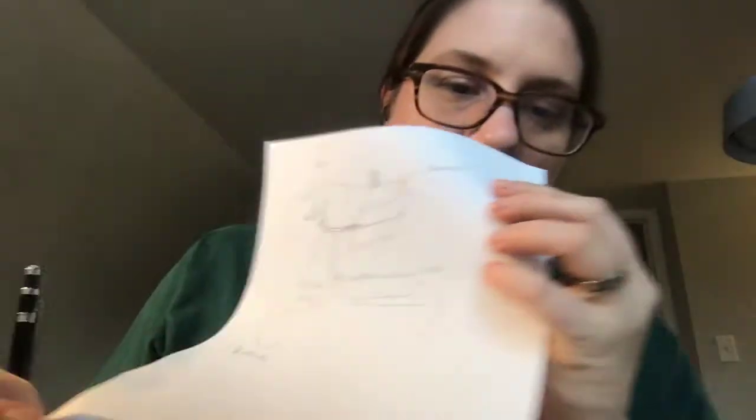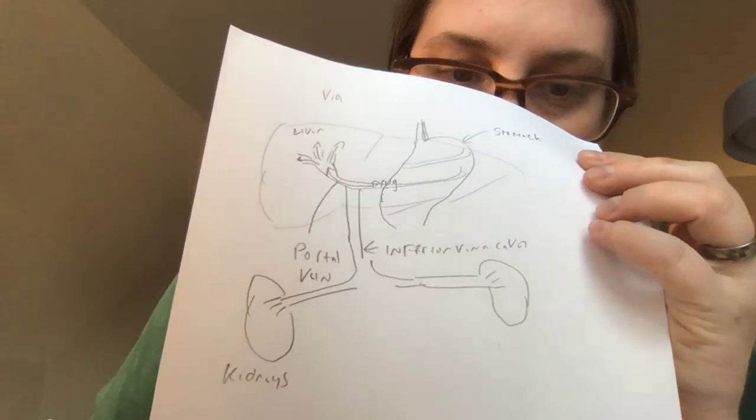So we have the inferior vena cava and we have the kidneys here. These are known as splenorenal shunts.